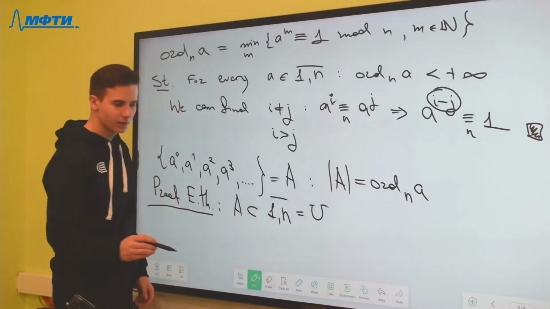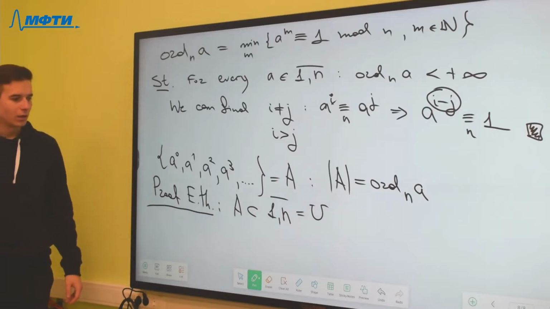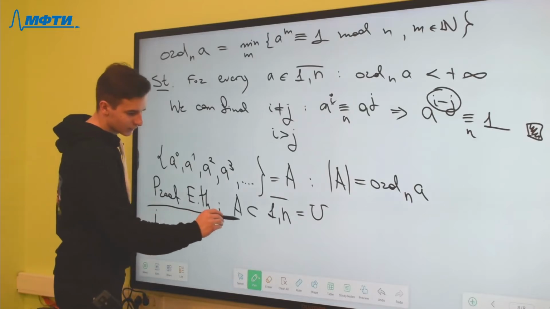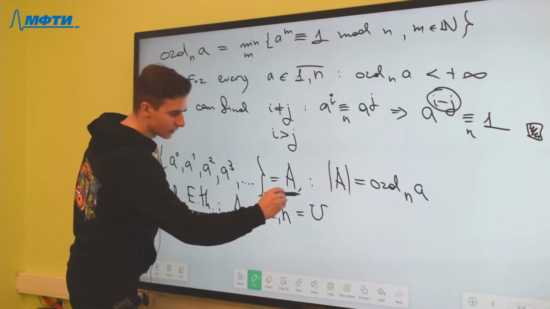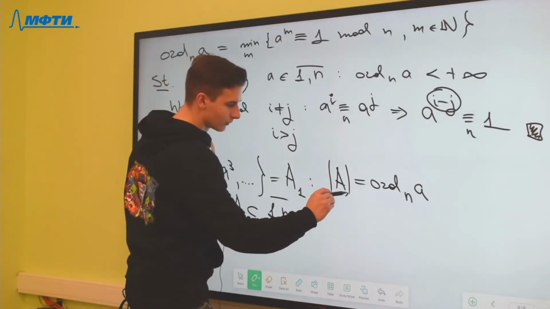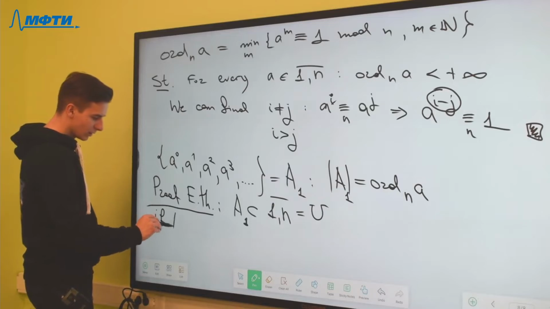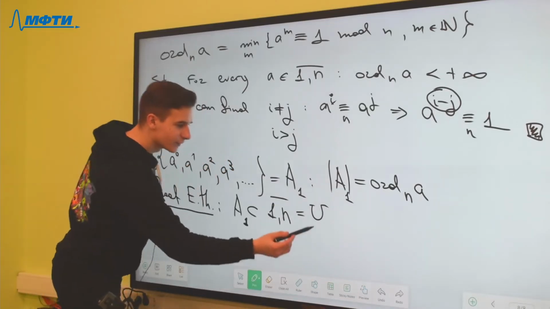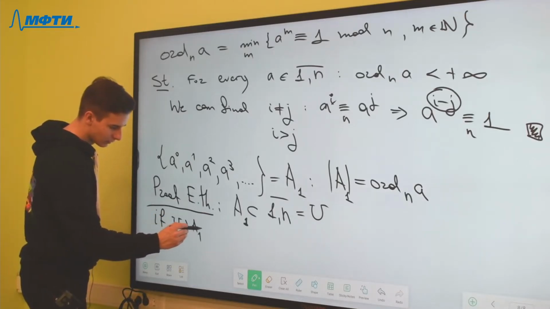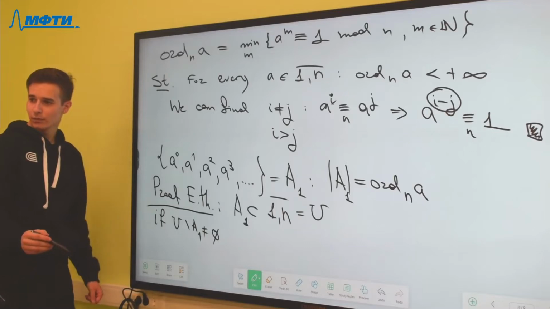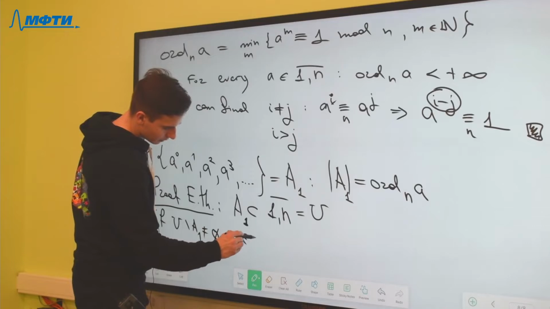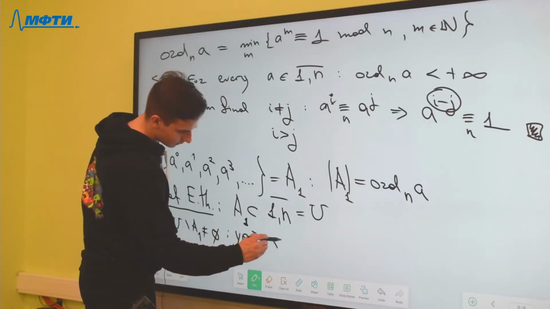I define it like U. And I define it like A with the index 1. If difference between these two sets is not empty, for example, some y we can find here.